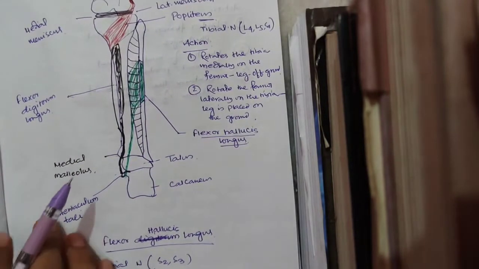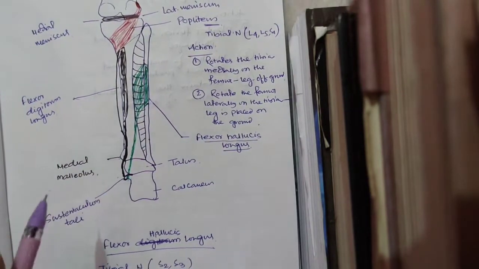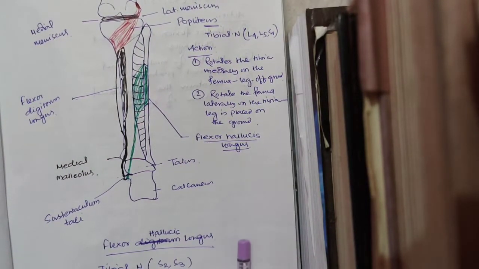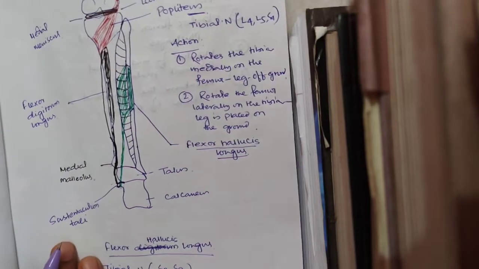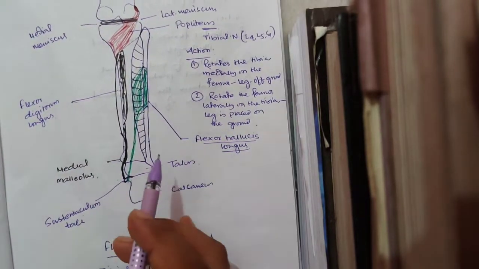Now the last muscle, that is the tibialis posterior. The tibialis posterior muscle arises mainly from three areas.